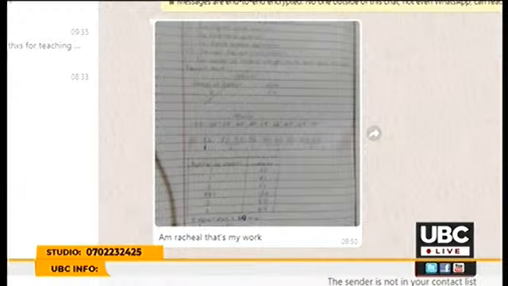But one member, Rachel, has sent her work on WhatsApp, and she's trying to calculate a median. The pictures are faint, but I'll try to look through that work and give you the solutions, or I mark and tell you what is right and wrong. Thank you so much. Let's continue with our lesson.